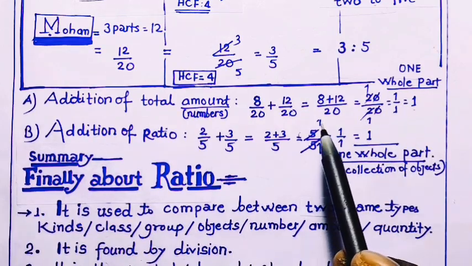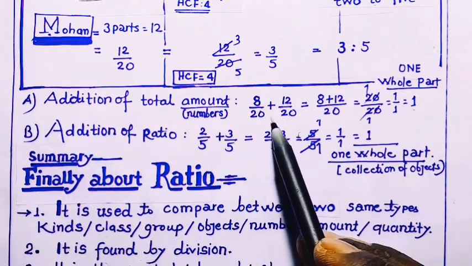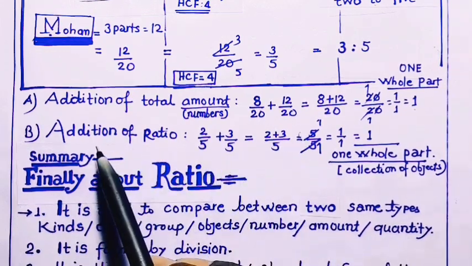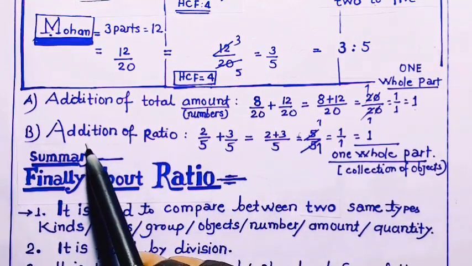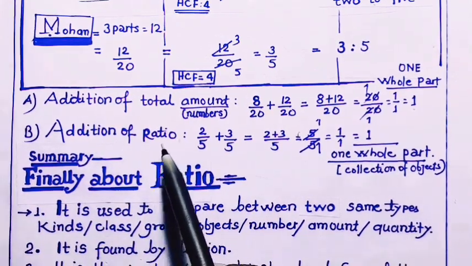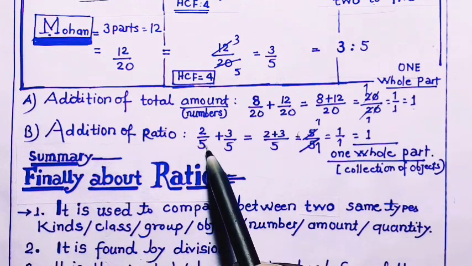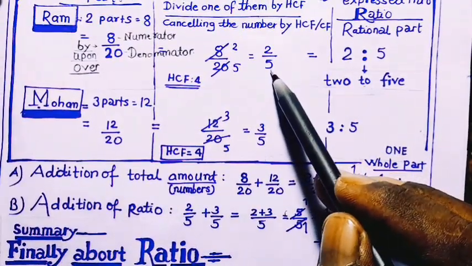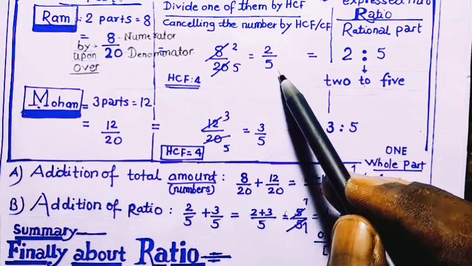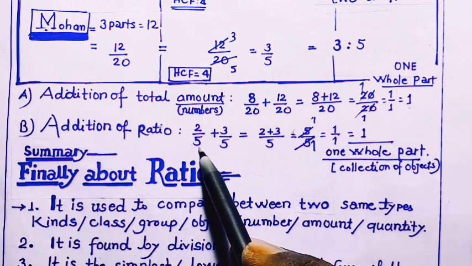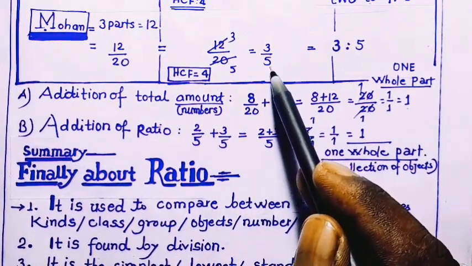Similarly, this is the addition of the number of ratio. Ram has taken 2 by 5 parts, and Mohan has taken 3 by 5 parts.